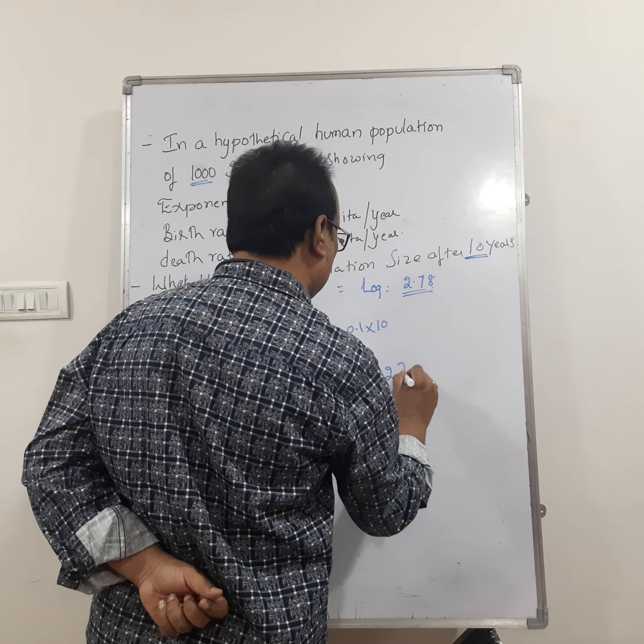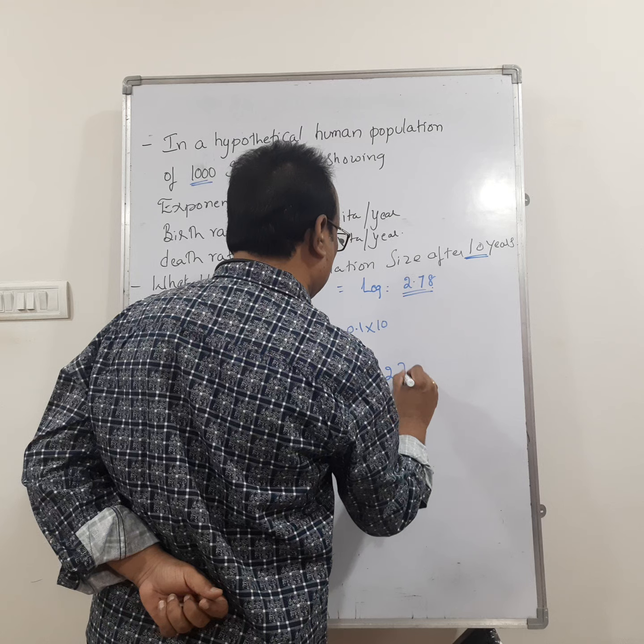And also in the last class we derived the integral formula of the population growth, that is Nt = N0 e^(rt). What is Nt? Population after time period t. N0, initial population size. e, base of the natural logarithm. r, intrinsic rate of natural increase.